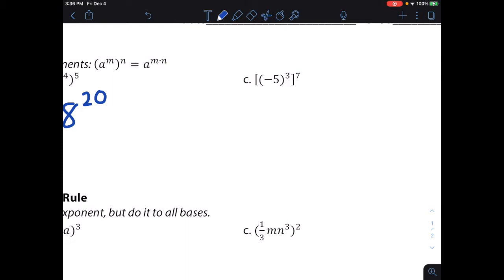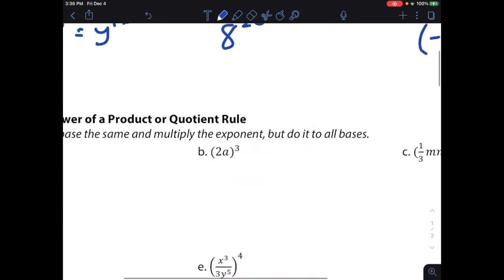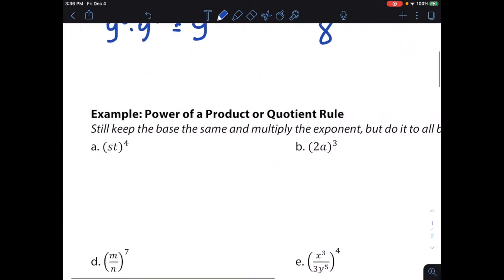So in this case, it's -5 to the 3rd power, but then we're taking that whole thing to the 7th power, so it just becomes -5 to the 21st power. Okay, so don't let the extra stuff there confuse you. It's just there to keep things a little better organized. All right, so let's keep going.